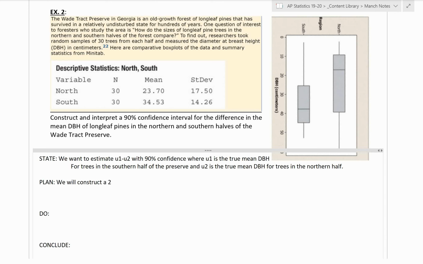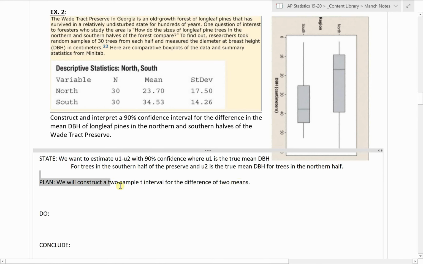So we will construct a two sample t interval for the difference of these two means. We want to be really specific when we name the procedures that we're going to use. Of course, we're only going to do this if conditions are met.